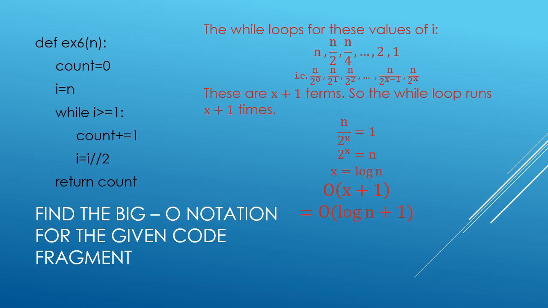So, the O notation is O(log n + 1). But we always express O notation as a single term. So we will pick the term with the higher growth rate. And the big O notation for the given code fragment will come out to be O(log n).